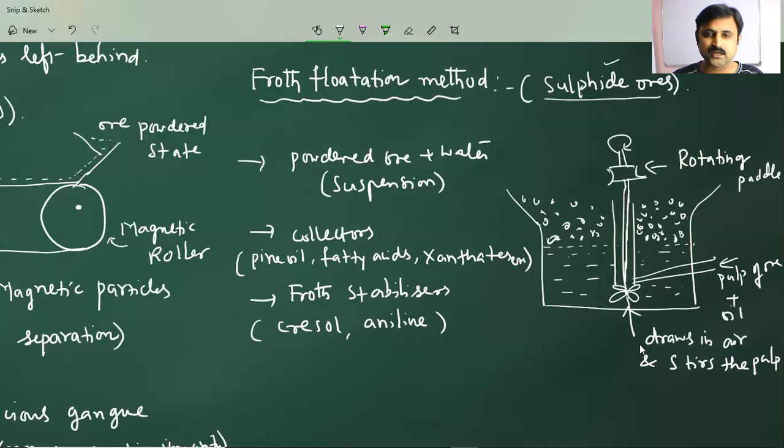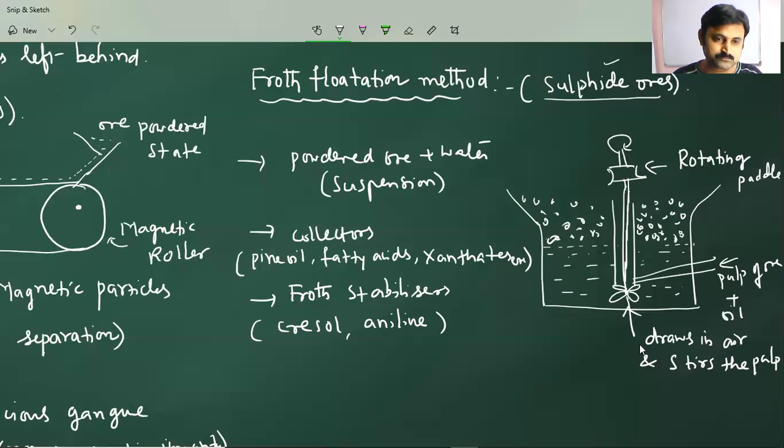These are organic materials, and they will stabilize the froth. The mineral particles get wetted by oils only in this case, because pine oil is there. The mineral will get wetted by pine oil, but not by water. So the collector is separating the wetting tendencies of the mineral and the waste particles, which we call gangue particles.